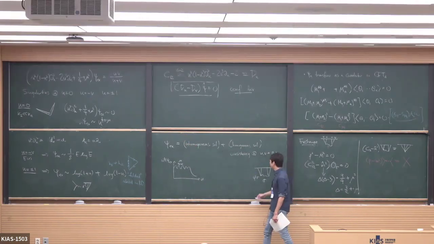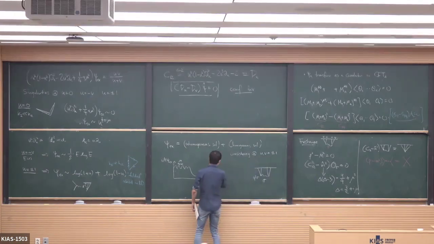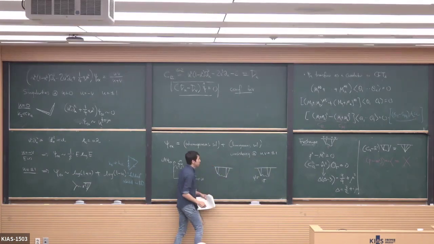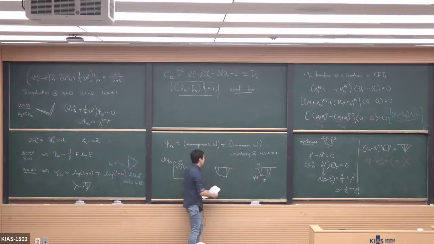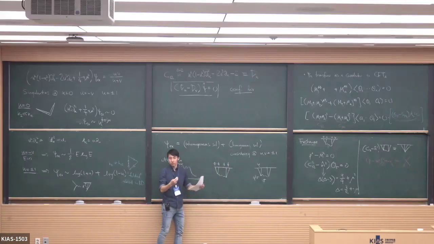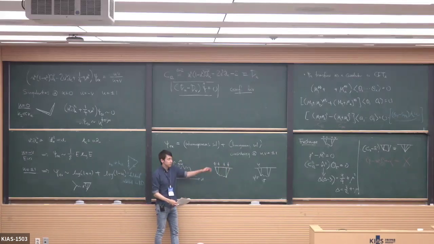Now, you might be interested in other processes. So ultimately, what you care about, here again, this was for a conformally coupled scalar field. But ultimately, what you want is the correlator for the inflaton field, which is almost massless.